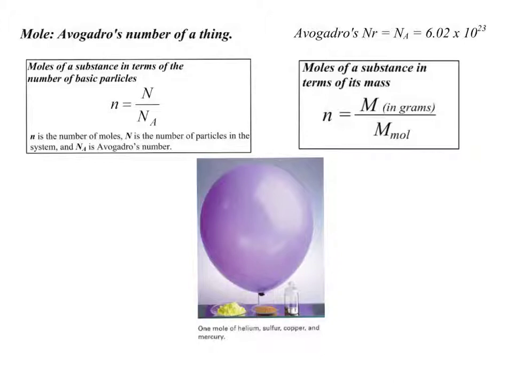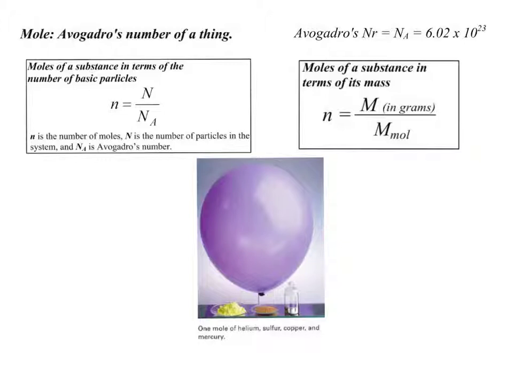Molar mass of a substance, which is this M mole there, is the mass in grams of 1 mole of a substance. So, to a good approximation, the numerical value of the molar mass equals the numerical value of the atomic or molecular mass. So, for example, the molar mass of helium with a mass of 4 AMU, or atomic mass units, is 4 grams per mole.